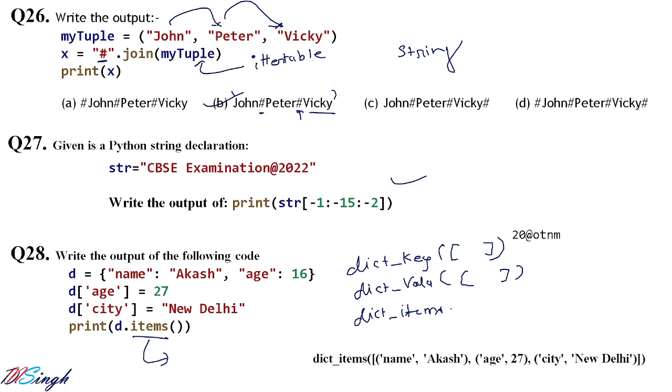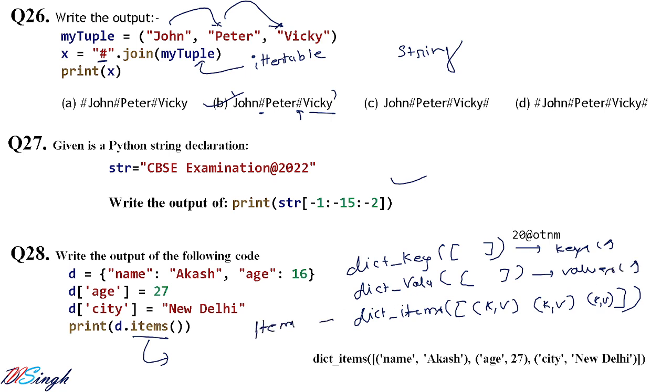You will have a couple of key-value pairs, key comma value, key comma value, like that, inside a list. This will be returned by the keys function, this will be returned by the values function, and this will be returned by the items function. They are all functions of a dictionary, so keep that in mind. The way of calling is the dictionary name, dot, and the function name. So this will be the correct output.